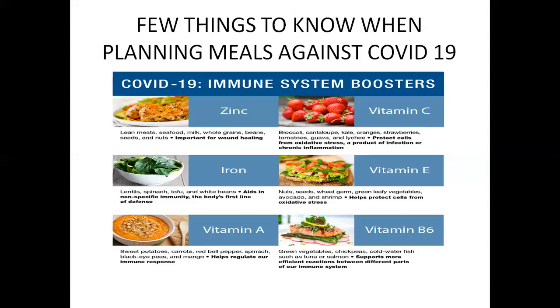Vitamin A: sweet potatoes, carrot. Vitamin B6: green vegetables. These are things to put in your pocket whilst you read and learn the items needed.